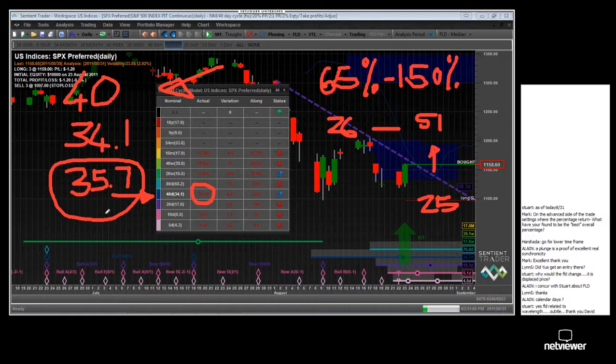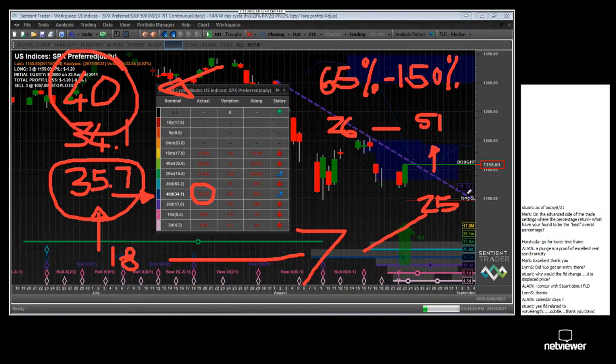So if the current wavelength was 51 bars, which it could be, 51 days, then we'd be displacing price by 25 bars, roughly. In fact, you add one, so it's 26, but roughly half the wavelength. When Sentient Trader is displacing this 35.7, call it 36, then half of 36 is 18.